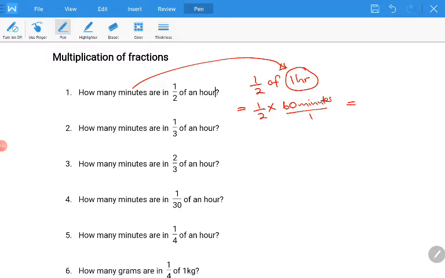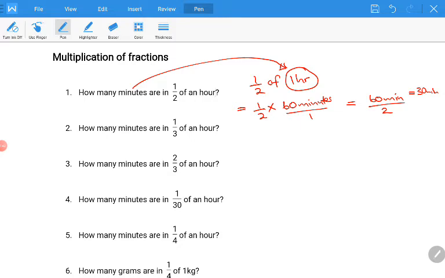So this is equals to 1 times 60, we get 60 minutes, over 2 times 1, that's 2. 2 into 60 gives us 30 minutes.